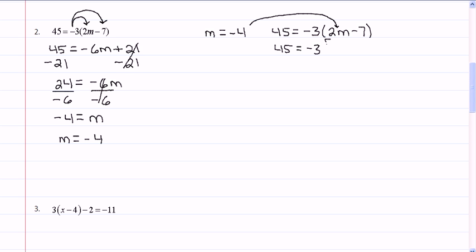So I rewrite this equation, and I'm going to use brackets and put the -4 in parentheses. So that we have 45 equals -3. So inside the brackets, first we multiply 2 times -4, which is -8.